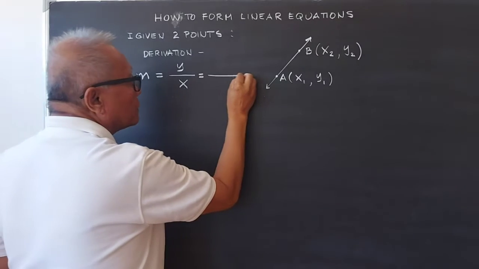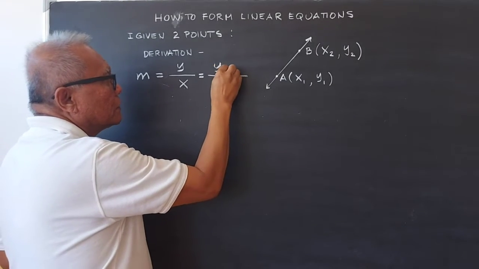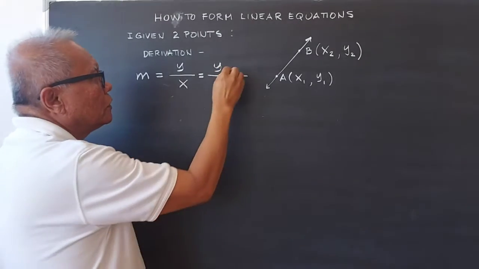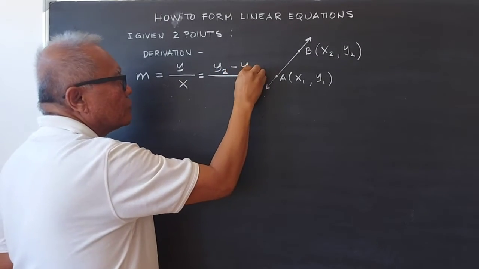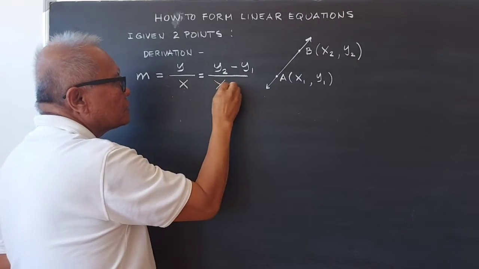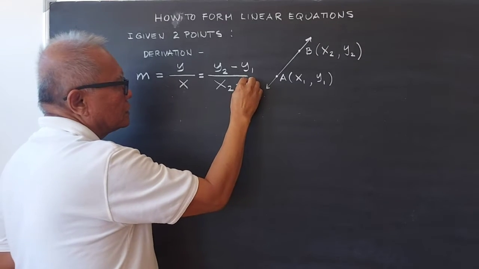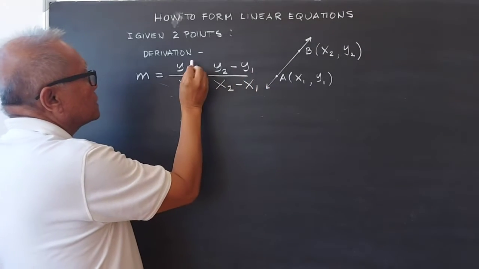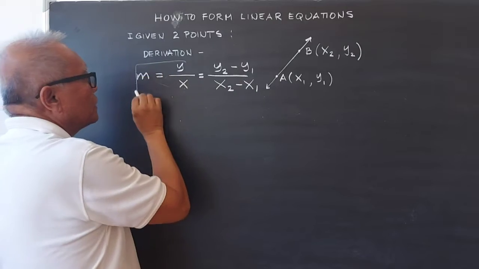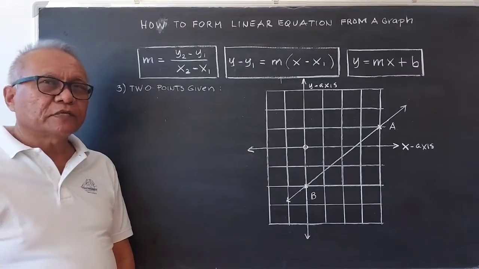So in formula, we can start with y sub 2 minus y sub 1, they are both y's, and for x, x sub 2 minus x sub 1. So this is the general formula for the slope.